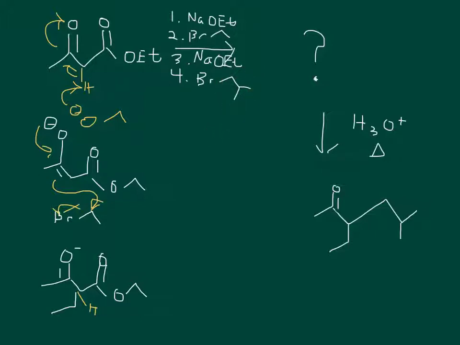So for the sake of time, I'll go ahead and draw the result of steps 3 and 4, and that would end up being this. So we have these two alkyl groups, or R groups, that we added, and we still have our ester, so we have the 1, 2, and then for the other R group, I have these 4 carbons.